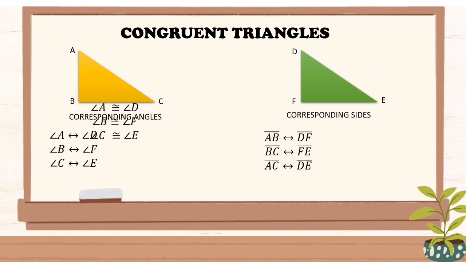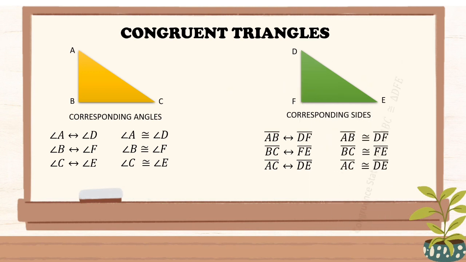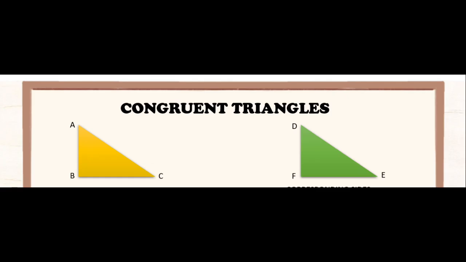So therefore, we can say that angle A is congruent to angle D, angle B is congruent to angle F, and angle C is congruent to angle E. And also, AB is congruent to DF, BC is congruent to FE, and AC is congruent to DE. So what will be our congruent statement here?